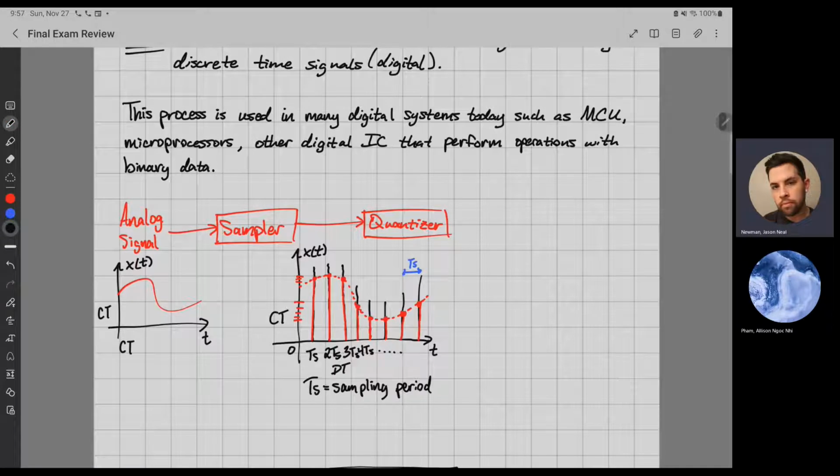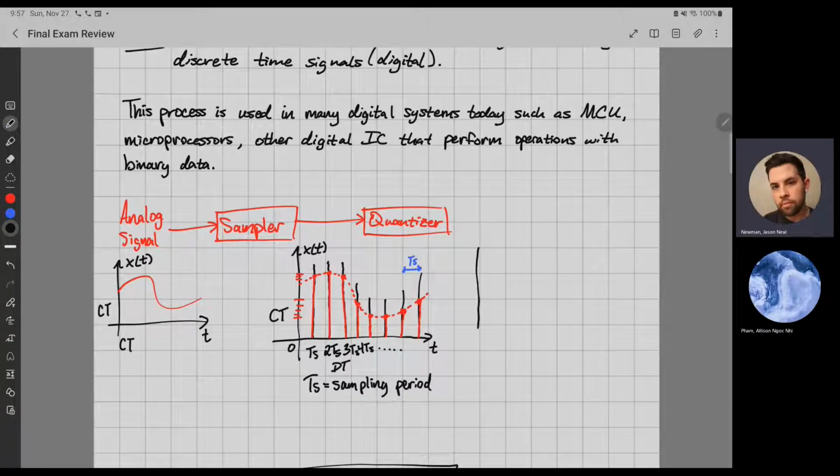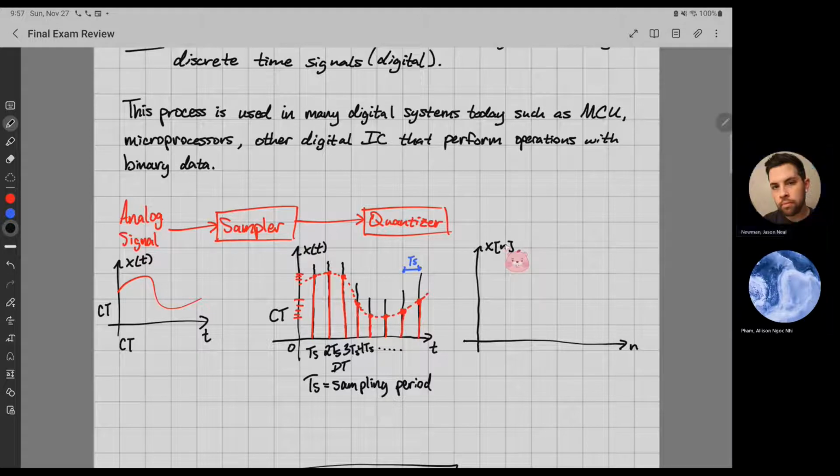So let me draw the final graph of this. It's going to be looking like this. And you can consider this to be n and x of n, because this is n for discrete; x of n just means you're in discrete time, or you're using discrete values, I should say.